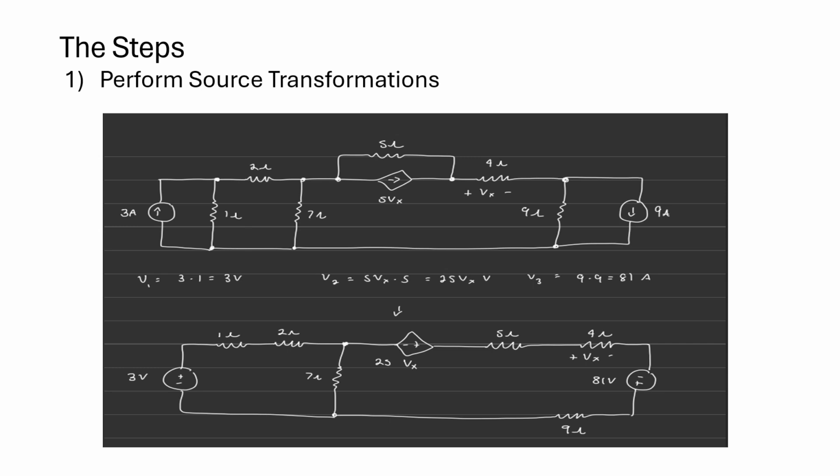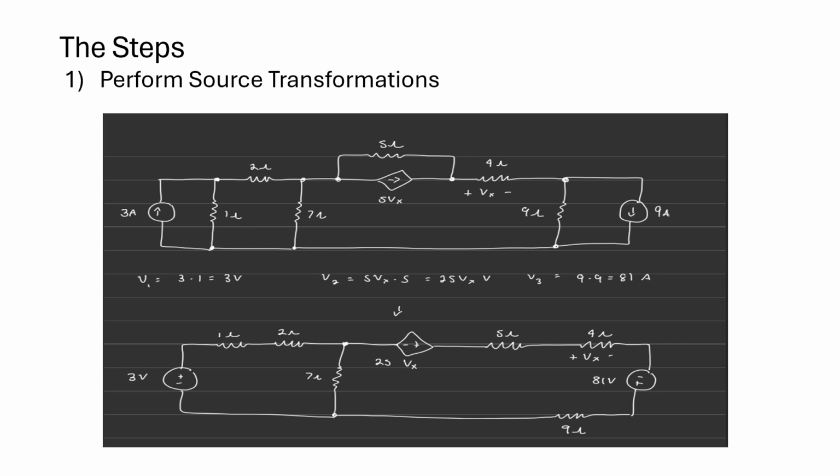Now keep in mind, when you're transforming from current to voltage, the current source and the resistor that's in parallel with it become a voltage source and a resistor that's in series with it. As you can see, we have 3 volts in series with a 1 ohm, and then the dependent source becomes in series with the 5 ohm resistor, and then this 9 amp current source becomes an 81 volt voltage source that's in series with the 9 ohm resistor.